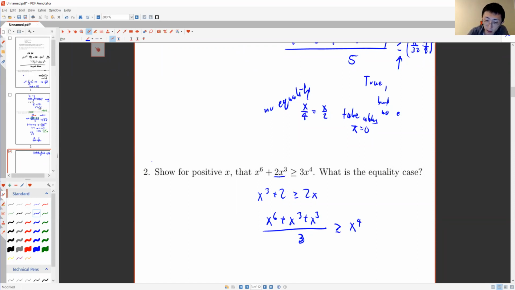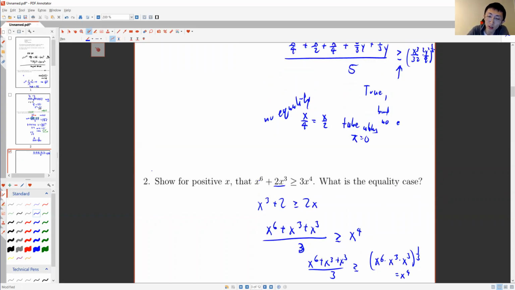So by AM-GM, this plus this over 3 is greater than or equal to this times this times this to the 1/3, which is x to the 4th. Okay. So you can even use it when there's just one variable.